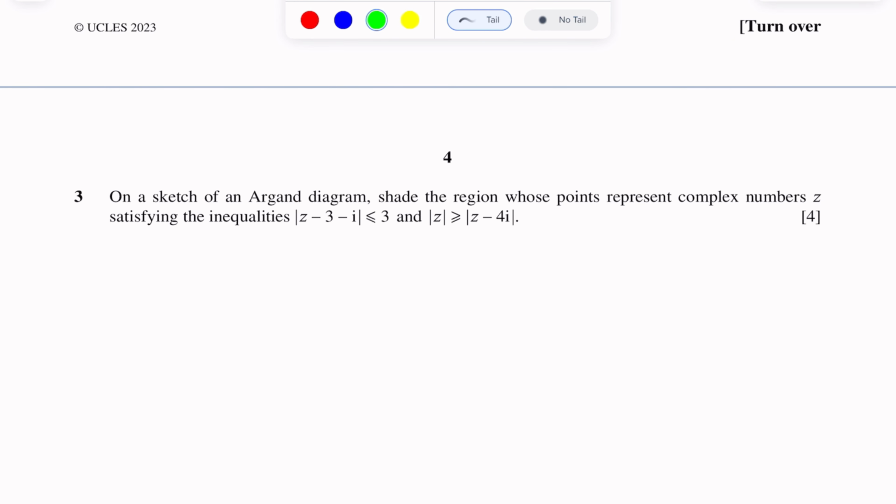Question number 3. This question is of complex numbers.